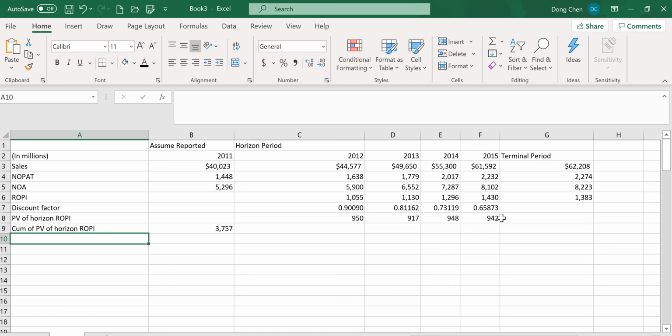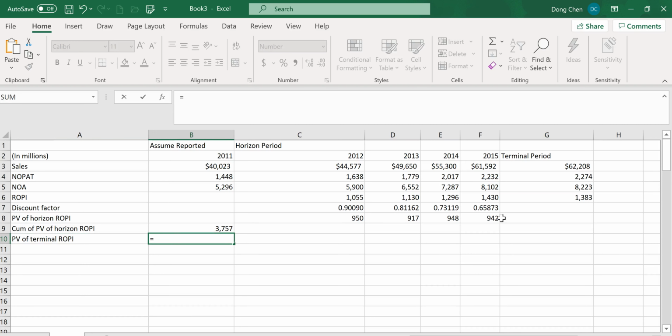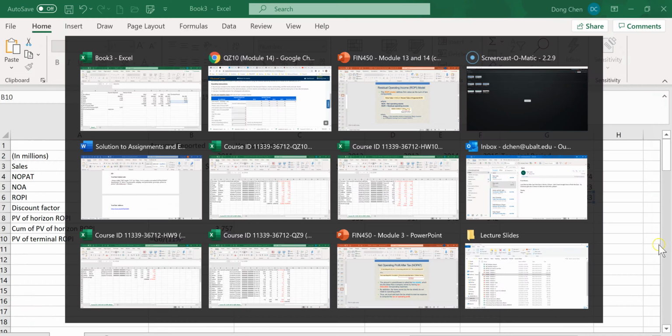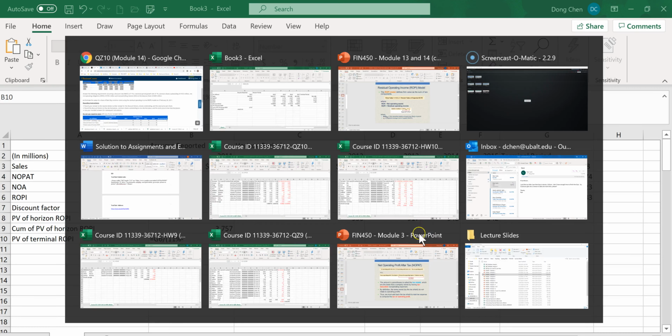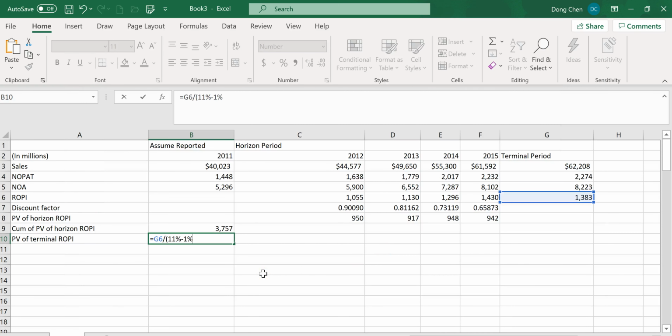I also need the present value of terminal ROPI. This is the terminal ROPI, this number, divided by the discount rate minus the growth rate for the terminal period, which is 1%. But so far, this is the present value in terms of the last horizon period, 2015.